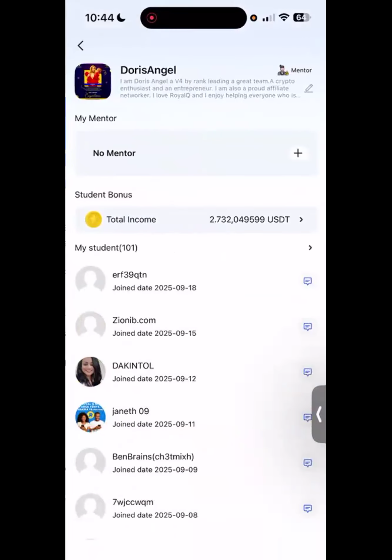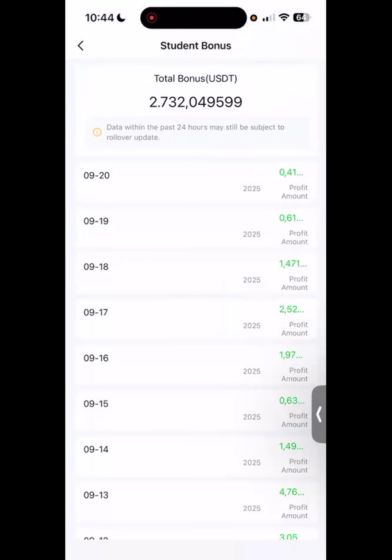Who is a mentor? A mentor is someone who basically guides people with their trade settings or whatever concerning their trade so that they can win more. Now, under the mentorship, you need to qualify for it to become a mentor. Another thing is you are being rewarded.